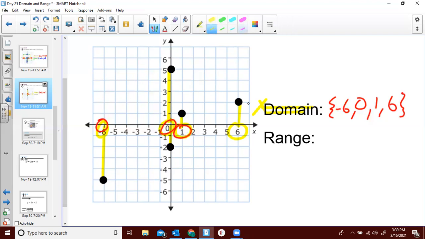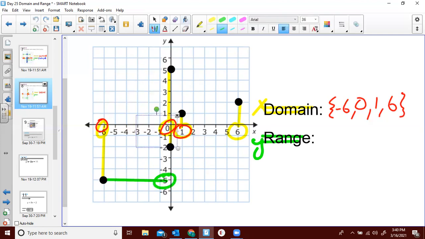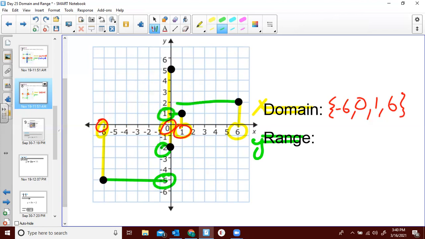All right, and then when we do our y-axis or our range, we know that we're going to start at our point, come to our y-axis. We have a -5. This one's on our y, so it's already -2. This one is a 1, a 2, and this one's on our y, so it's 5.